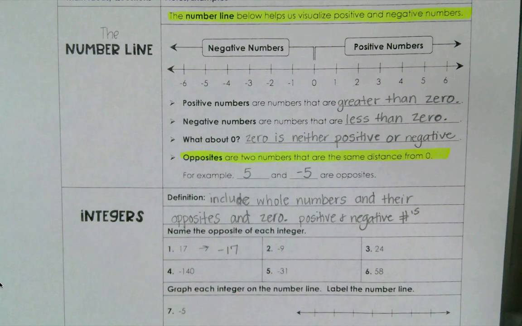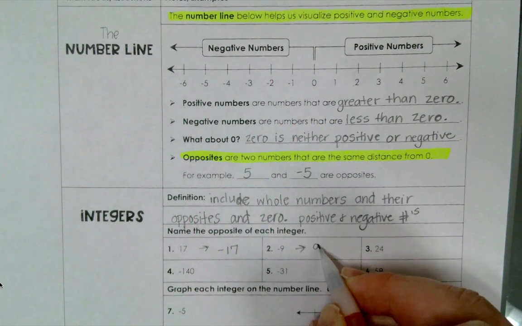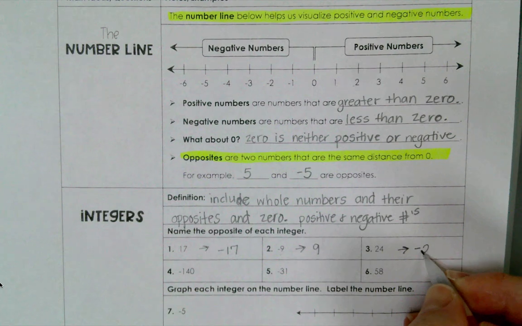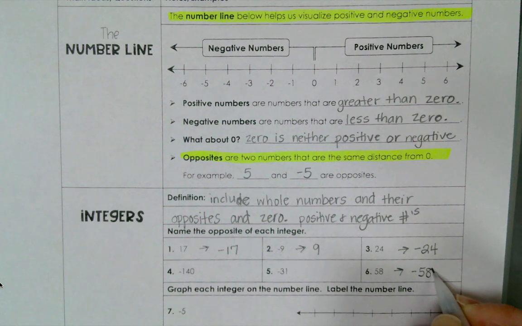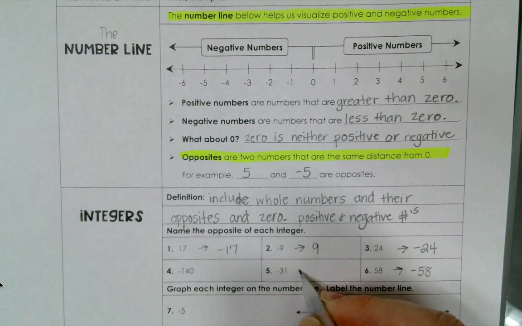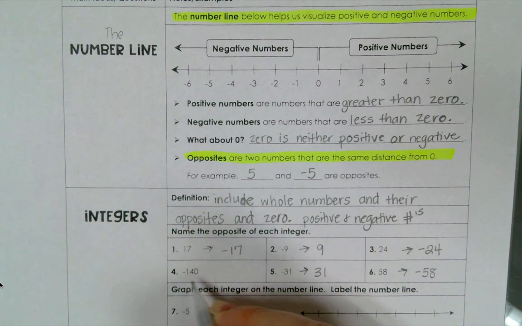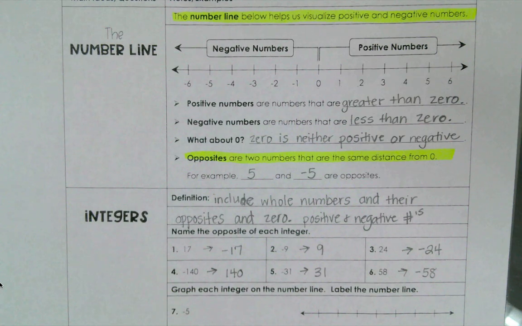Remember, opposites are two numbers that have the same distance from 0. Negative 9 is positive 9. 24 is negative 24. 58 is negative 58. Negative 31 is positive 31. And negative 140 is positive 140. Okay?